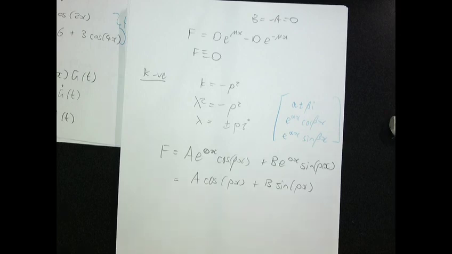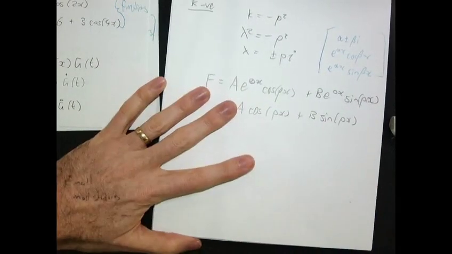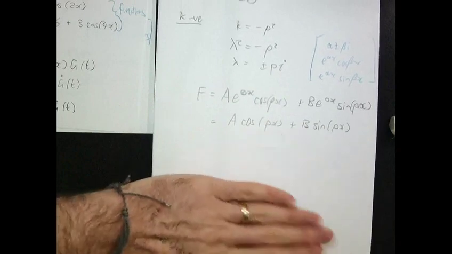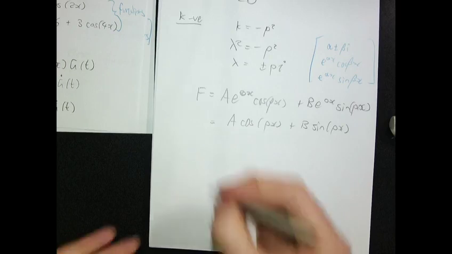Okay, and here's where my cos and sines come from. Personally, I like to put the a with the cos, because then both the a and the b and the cos and the sine are in alphabetical order, but that's just my little quirk. I do like to have them in alphabetical order for various other reasons. So that's what we've got now, and now we're going to use our conditions.